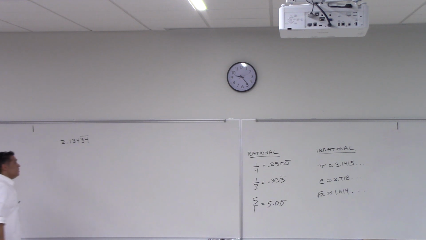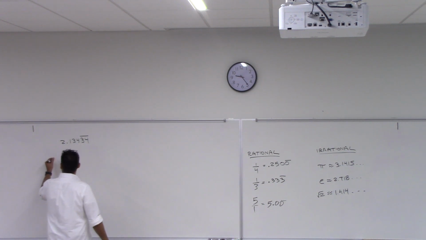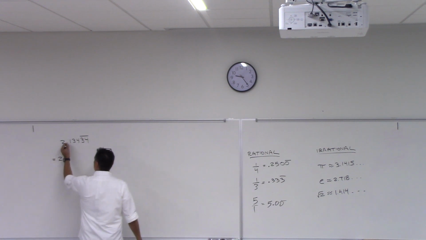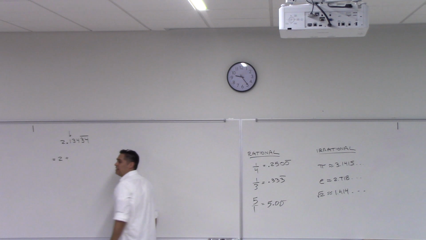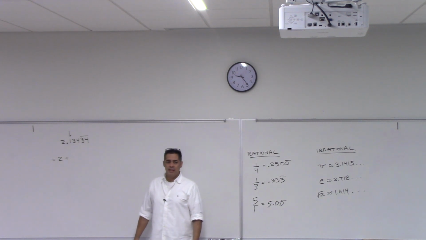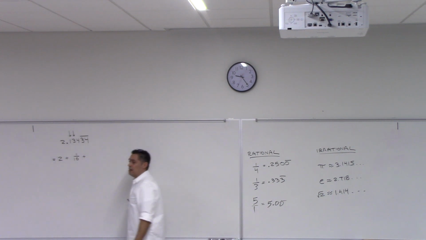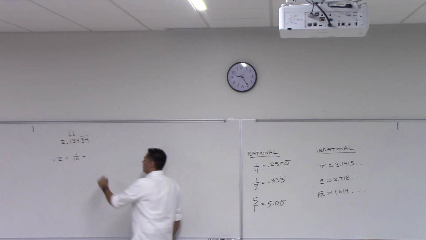So the first thing I'm going to do is try and rewrite this as a fraction. I'm going to first rewrite this out in a different form, all right? So do you agree that this is the same as 2 plus, okay, do you remember on a decimal, the first decimal place is how many tenths you have? So that's 2 plus a tenth, plus the second decimal is how many hundredths you have?